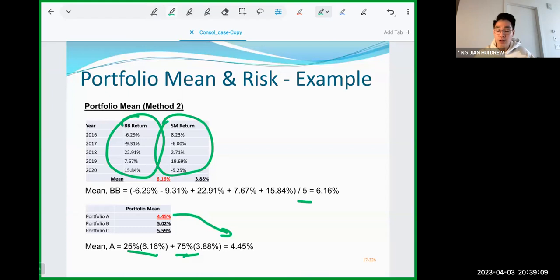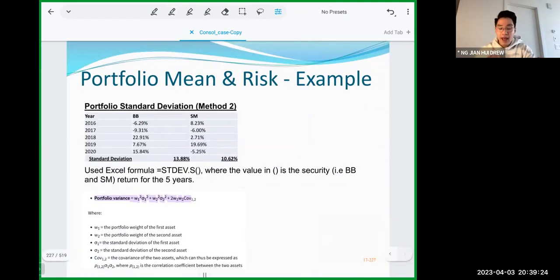Now for method 2, we are considering the average of BB, the average of SM, then we multiply it by the portfolio weight, 25%, 75%. Now, this is where method 2 becomes very different from method 1. As usual, stop me if you are unsure, because this is important. This is one of the critical components to understand.